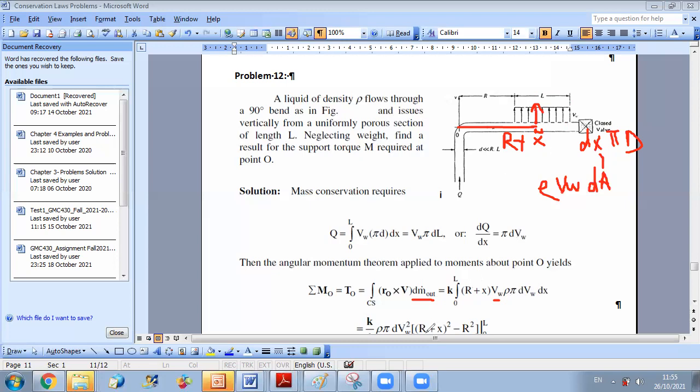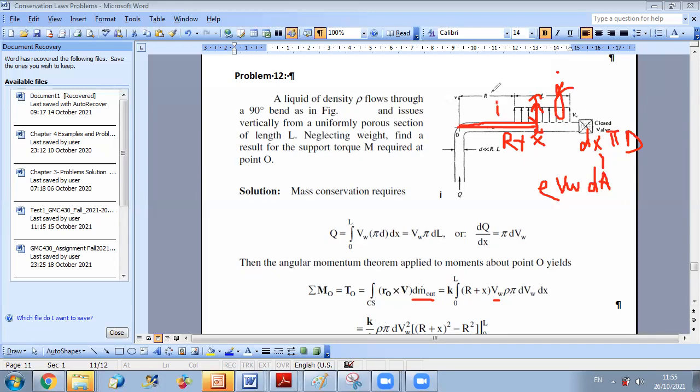Now concerning the direction, here there is no need to do a vectorial product. You can do it. If you do the vectorial product, the r vector is along i, and the v vector is along j, if we consider this as the y-axis. i vectorial j will give you positive k.